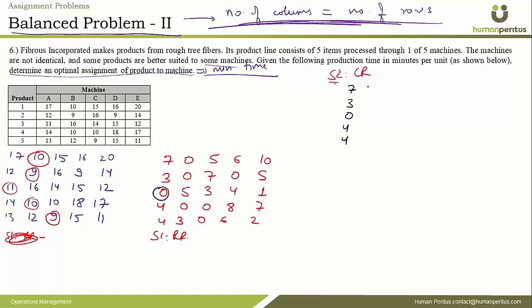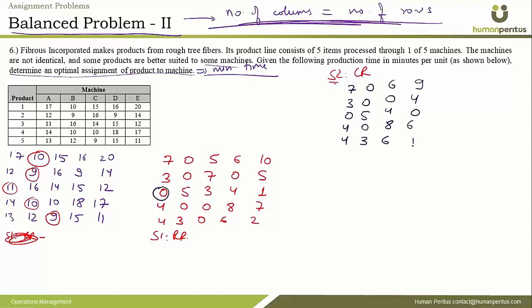In the second column the minimum value is 0. Again we can straight away write 0, 0, 5, 0, 3. In the third column again the minimum value is 0. So we can straight away write 6, 0, 4, 8, 6. In the last column the minimum value is 1. So 9, 4, 0, 6, 1.